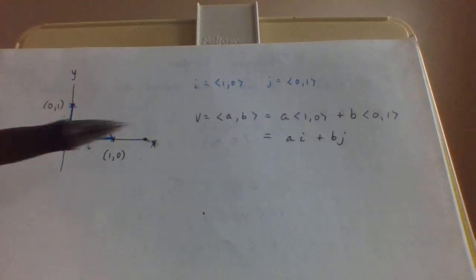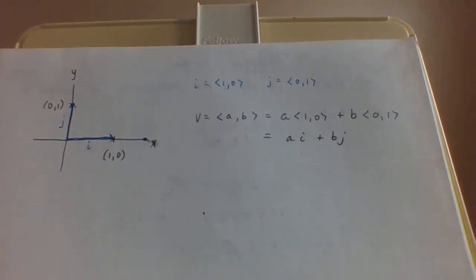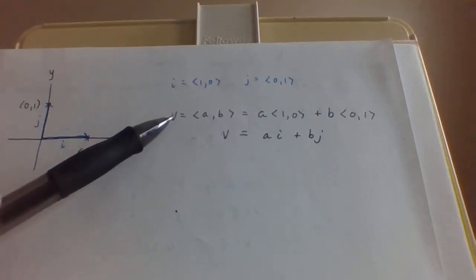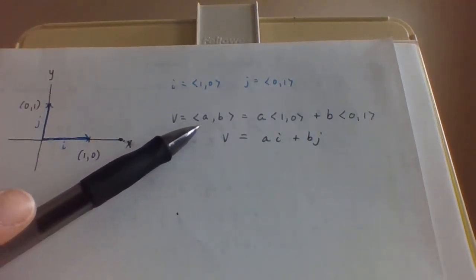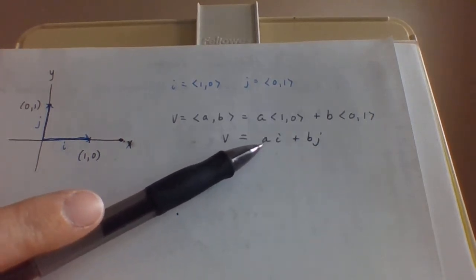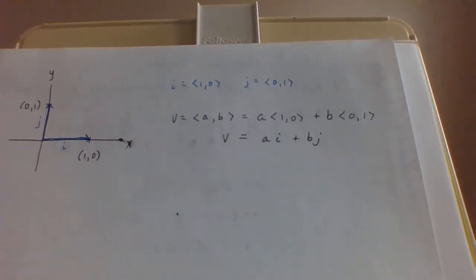So we can write new notation for vector v. Instead of seeing the vector v in this notation, vector (a, b), you might also see it written in this format, ai plus bj. They're equivalent vectors.